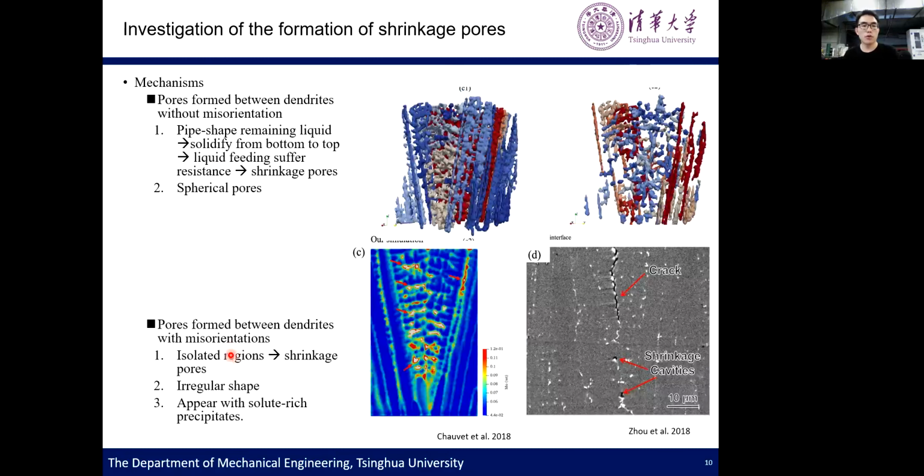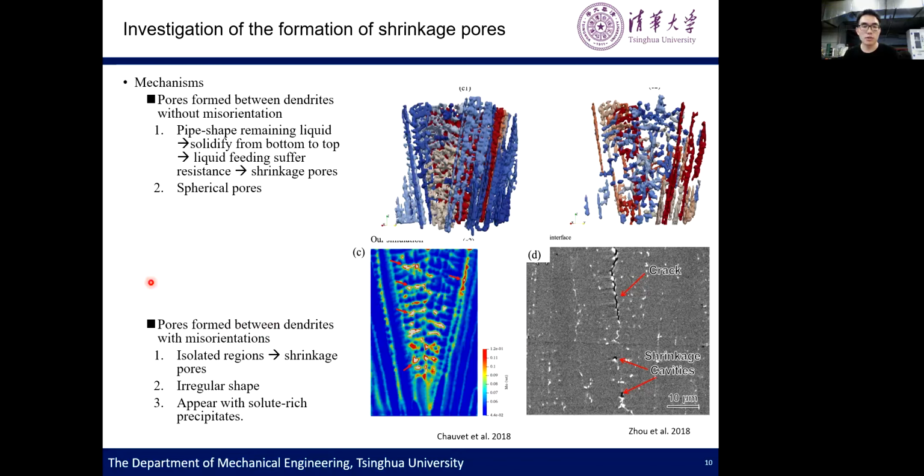As for the pores formed between dendrites with misorientations, this also means the pores formed at the grain boundary area. The simulation result shows when the solidification is 90%, we have a fishbone-shaped isolated region at the grain boundary region, and during the final solidification process, this fishbone region is separated into small isolated regions.